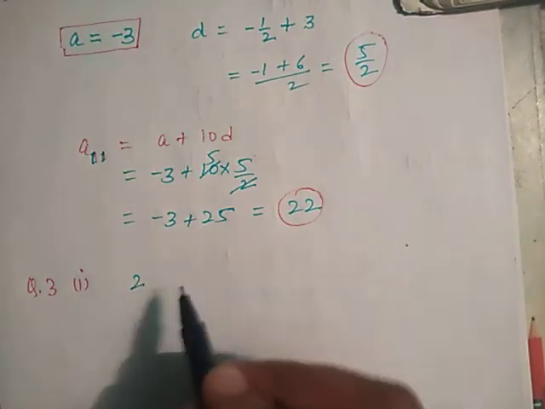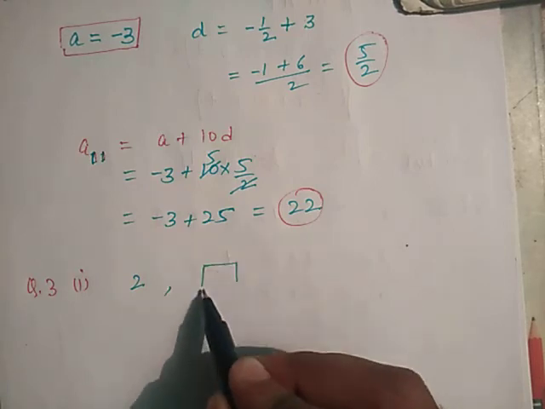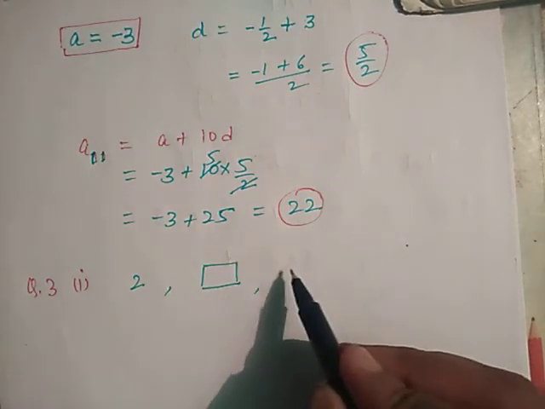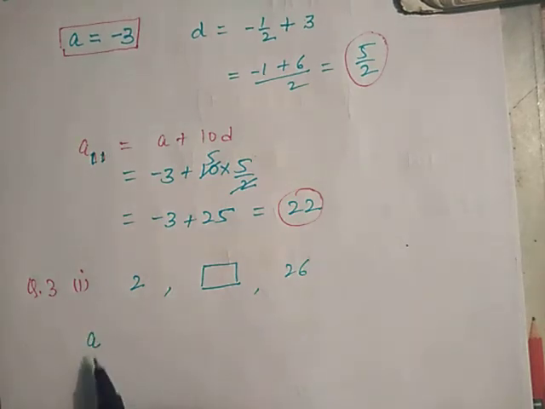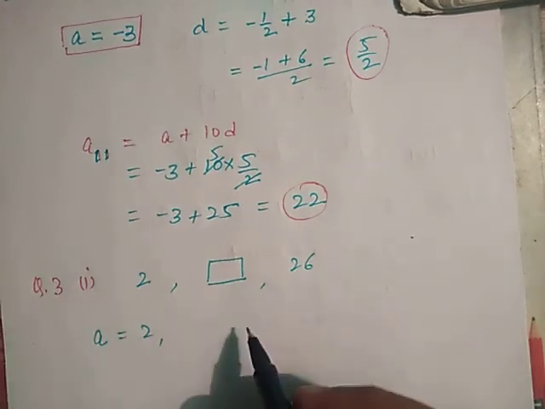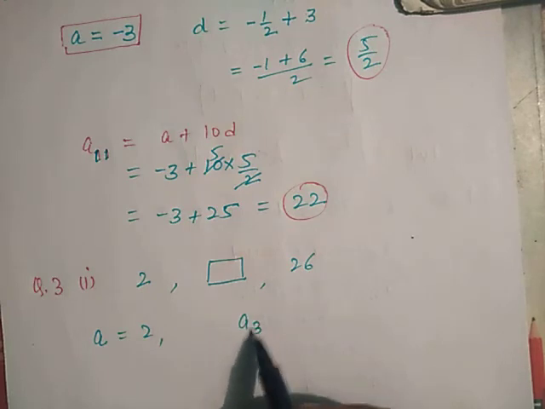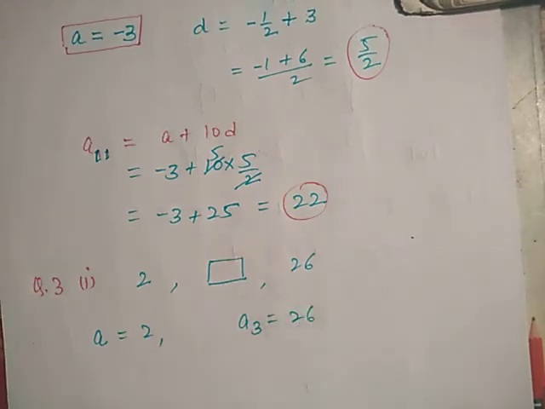We have given 2 and one term is missing from here and 26. So here the first term is 2 and the third term is 26. So let A be the first term and D be the common difference.